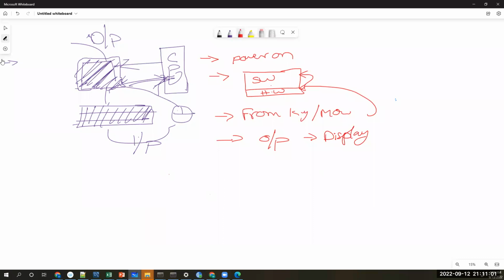Now the main thing is how the computer will understand what the things inside the computer, inside the CPU, are. What are the things which are inside the CPU? What do you know? Storage, memory, RAM, processor.